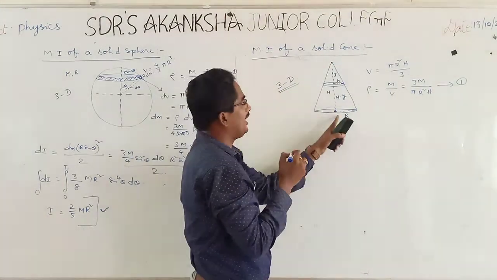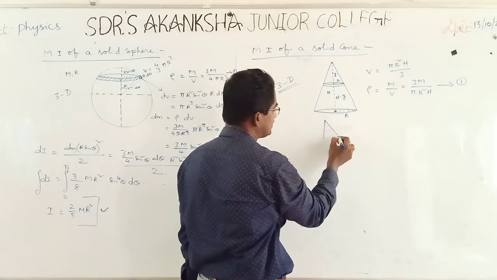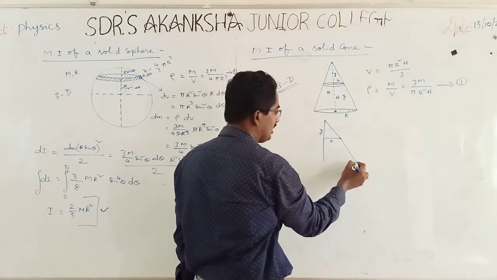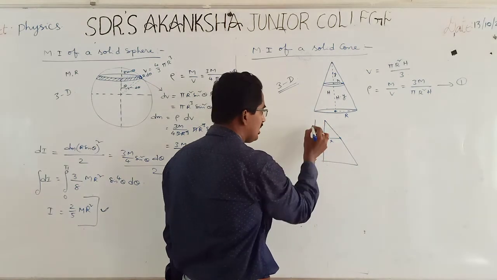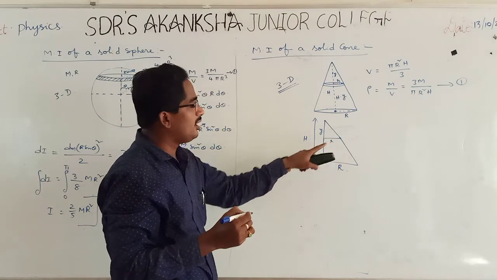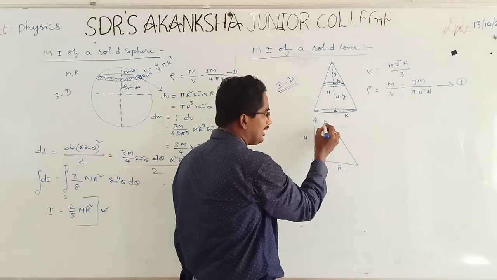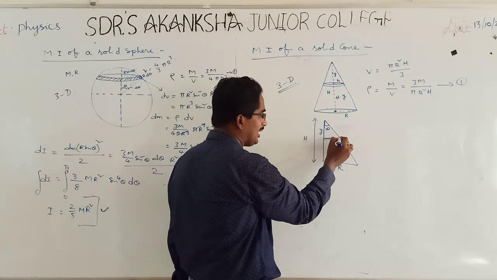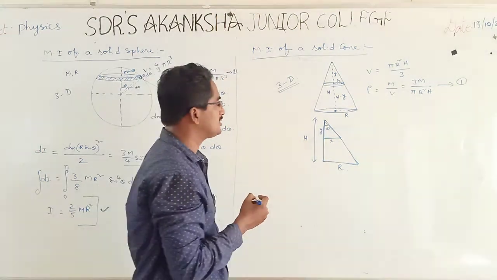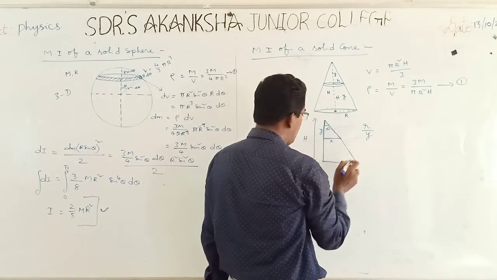There are two right angle triangles, similar triangles, having side lengths as follows. One has the radius r and side y, and this big one has the height of total h and radius R. Then the radius of the small elemental disc I want to get. How to get it? Here the angle is the same for this small triangle and for this big triangle. By that these two triangles are called similar triangles, so the ratio of sides are equal. So r by y equal to R by h.